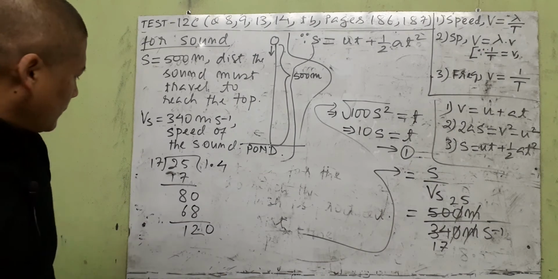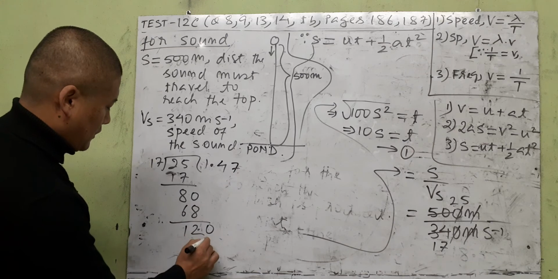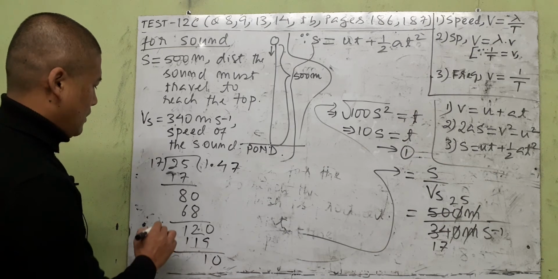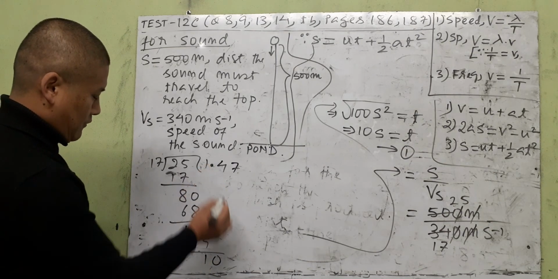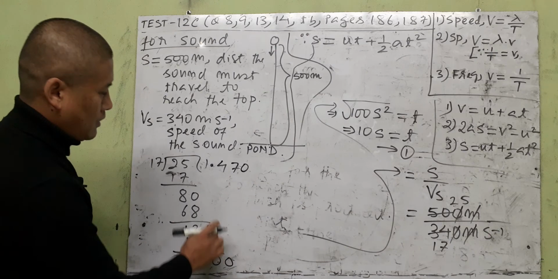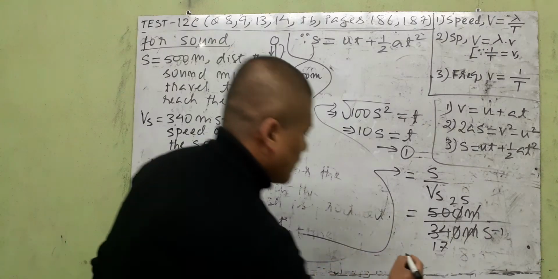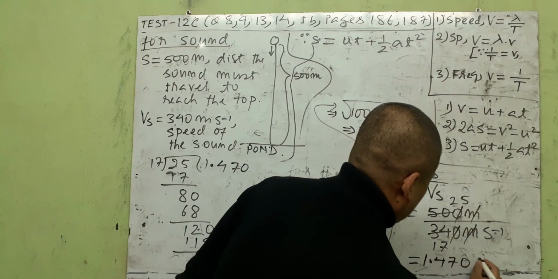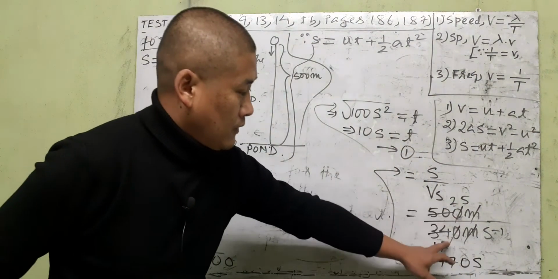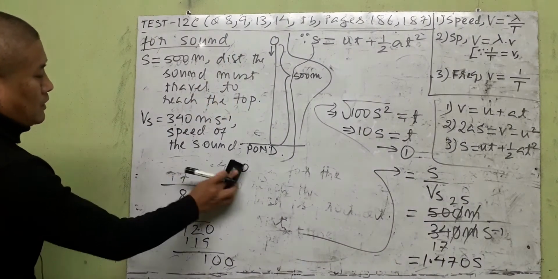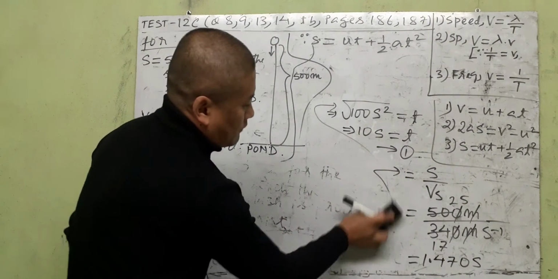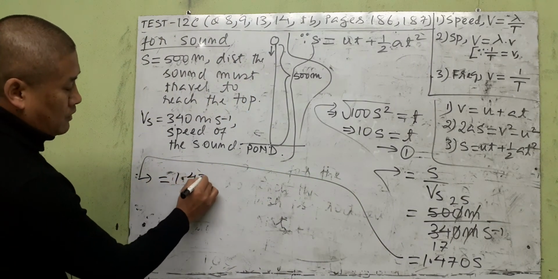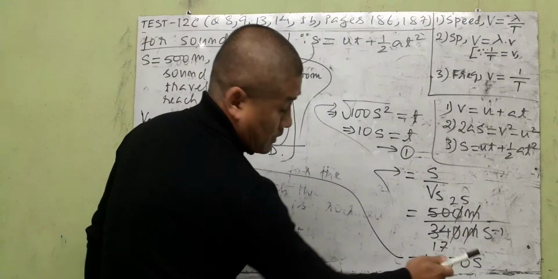Here 7 is going, 7 sevens are 49, 7 ones are 7, 8, 9, 10, 11. Then here remainder 1, 0. 10 after putting point 0 here, still not going, so 0 and 0. So we have reached the third place, so we can write that 25 divided by 17 is equal to 1.470 seconds. The final answer will be 1.47 seconds, because the third place is less than 5.